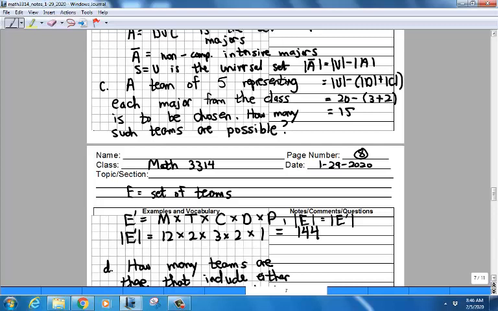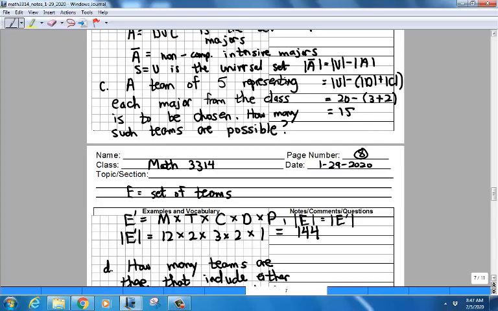It was just the subsets of each of the different types of majors, and then we formed the cross product of that. And we said that set is a model for the set of teams that we can form from the class.